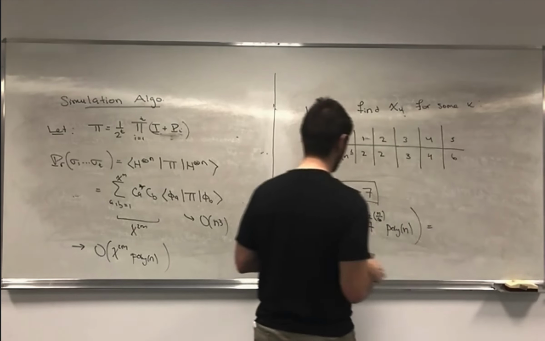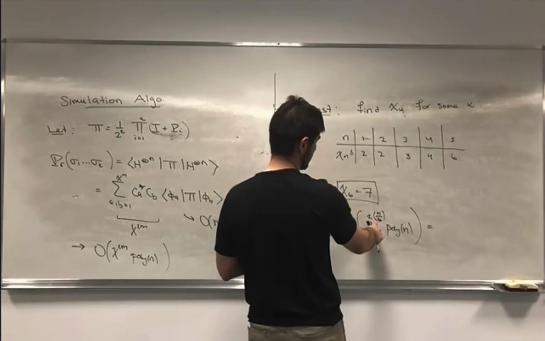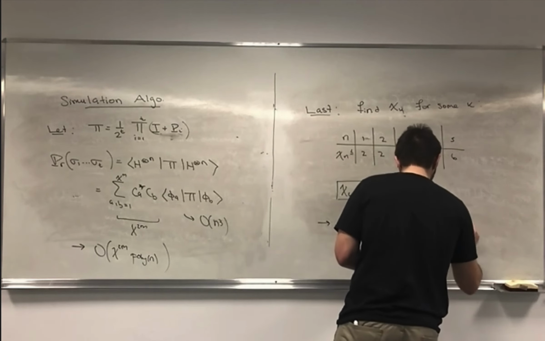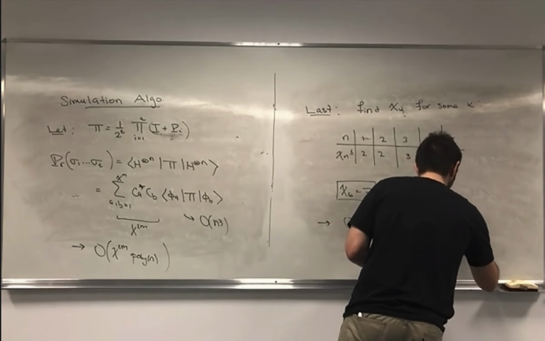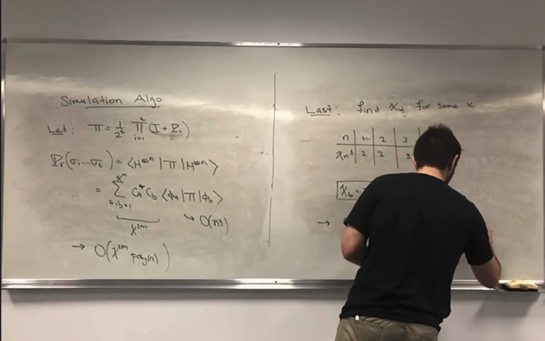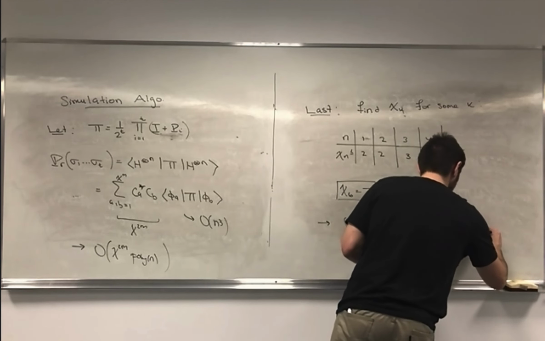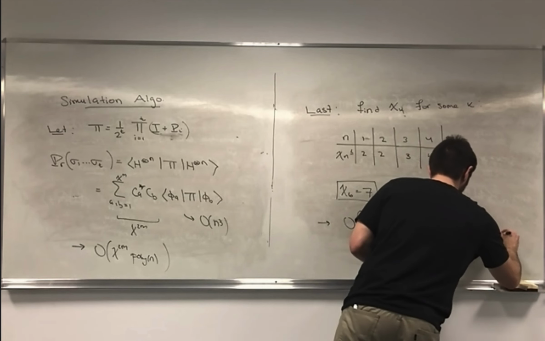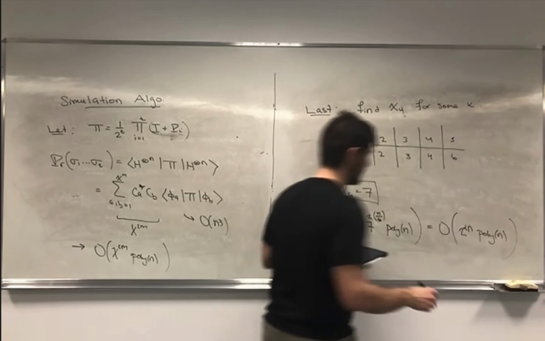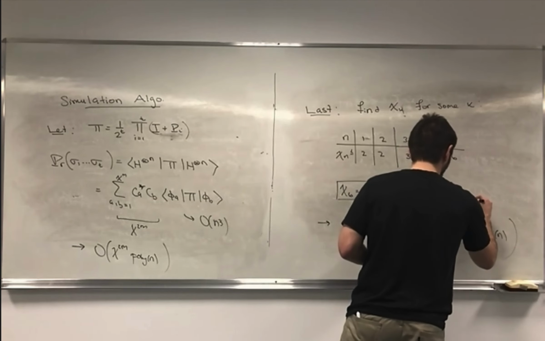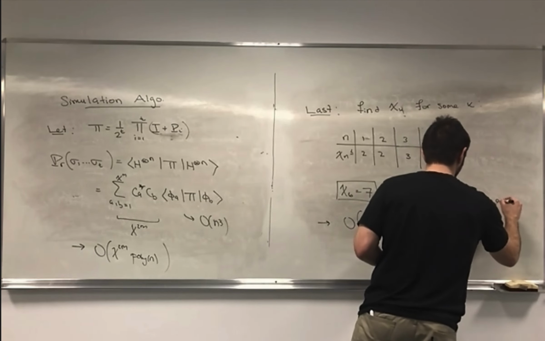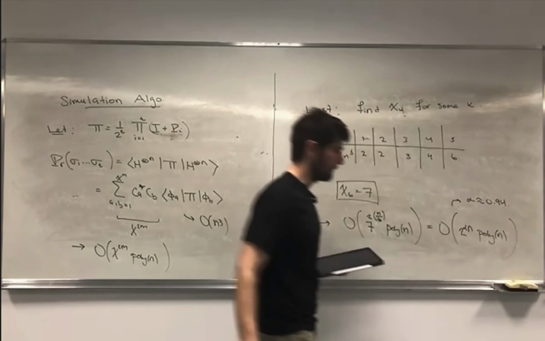So this will be 7 to the n over 3. You change the base of this exponential, you get that this is something like order of 2 to the alpha n times poly n. And when you change this exponent, you have that alpha is like 0.94.